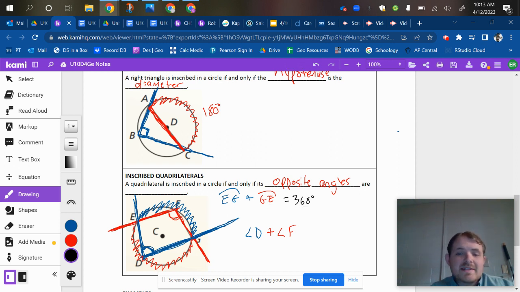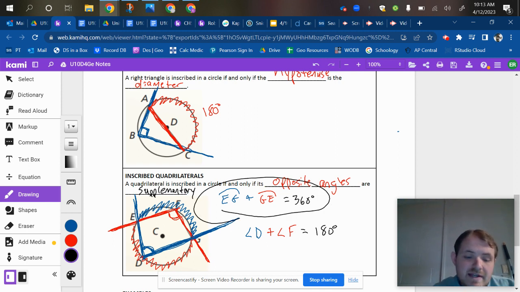So those opposite angles have to add up to 180. That S word again is supplementary. So anytime you have a quadrilateral inscribed in there, the opposite angles have to make 180 and their arcs make 360 together. And again, it's that doubling technique coming into play right there. So again, that came from cutting all those parts in half.